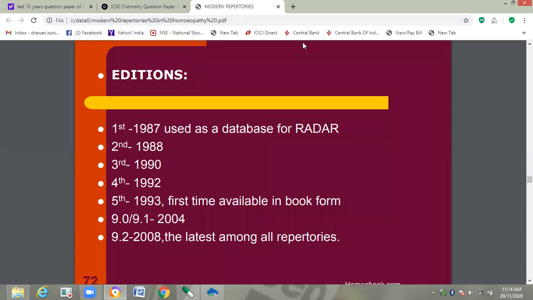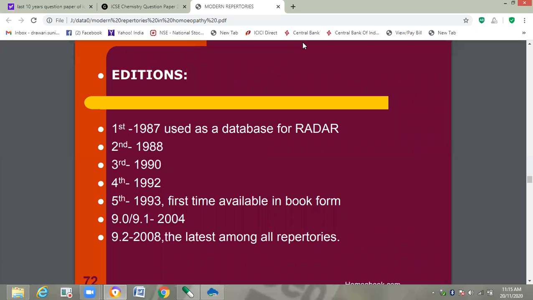Then Synthesis fifth version was available for the first time in book form in 1993. Then Synthesis sixth version was published in 1995.